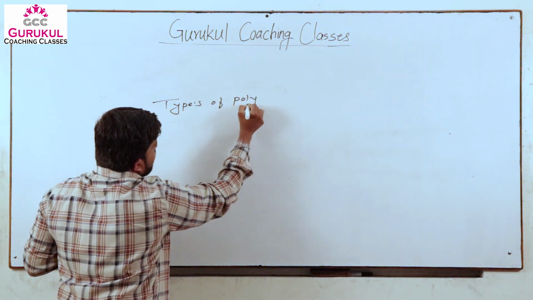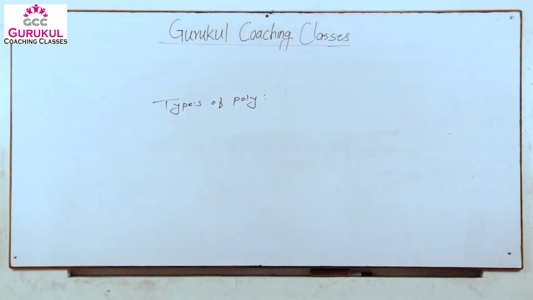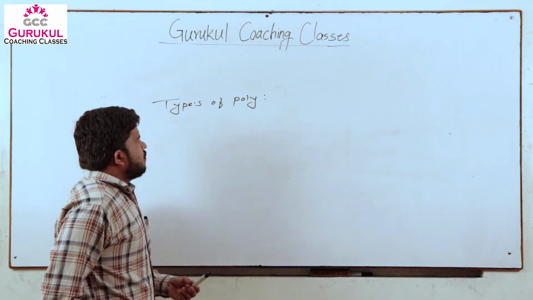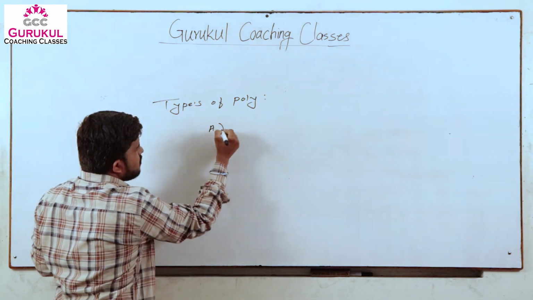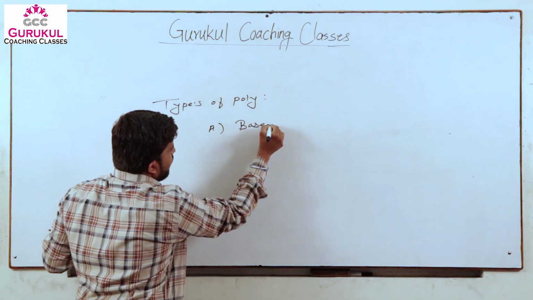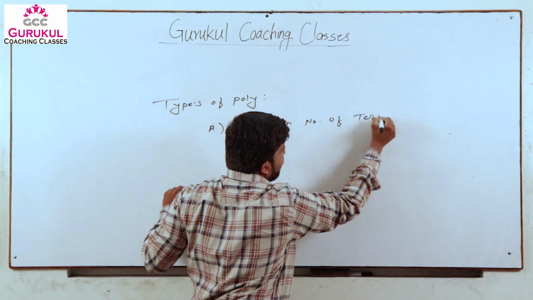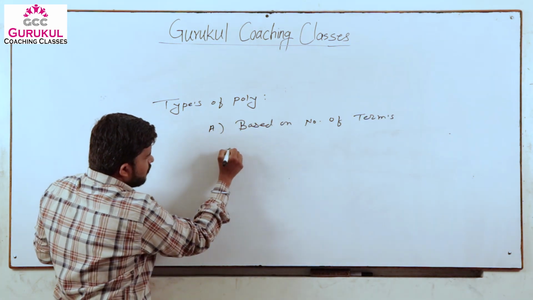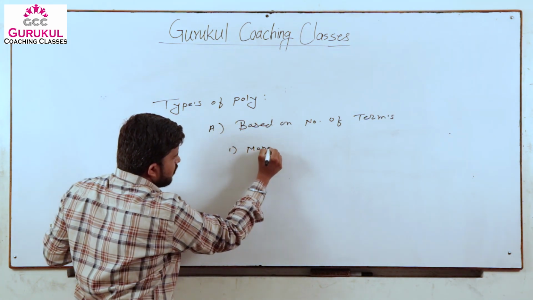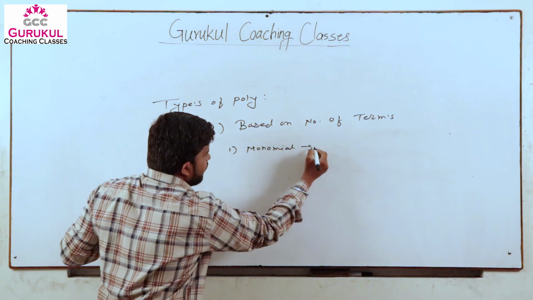Now, types of polynomial. First, based on number of terms. First one is monomial.